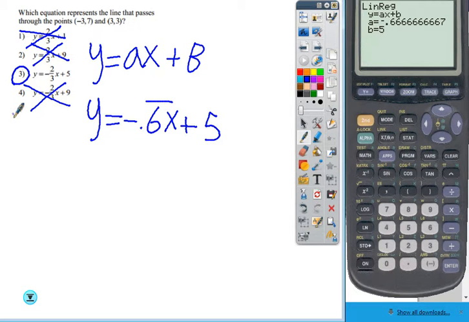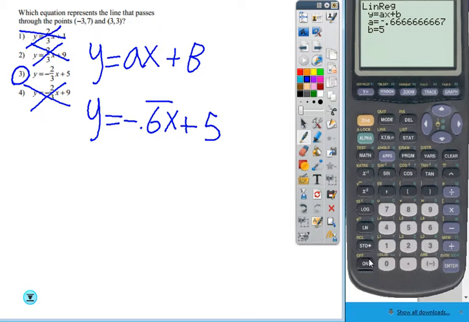But one interesting question to ask is, why is it that we have -2/3 as the coefficient, whereas in our equation we have -0.6 repeating? Well, one way to convert this -0.6 repeating into this fraction is by using the calculator.